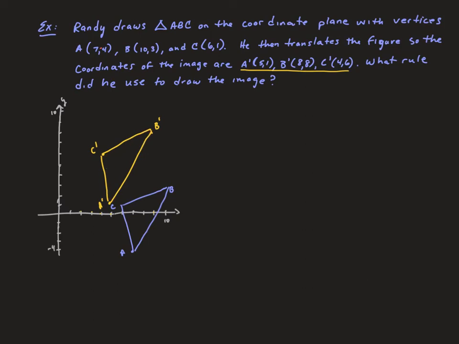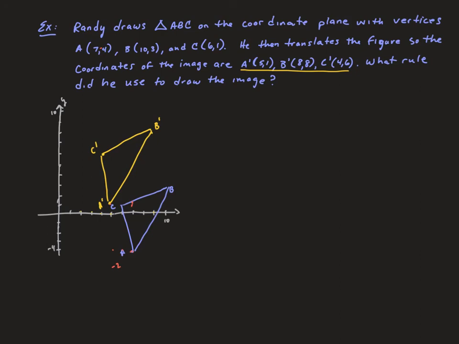And then if we look at just what's going on here, we can say that if we go from A to A1, it looks like I am going to go up 5 units, right? So it went from negative 4 to 1, that's up 5 units. And then when I do my X value, I went back 2.